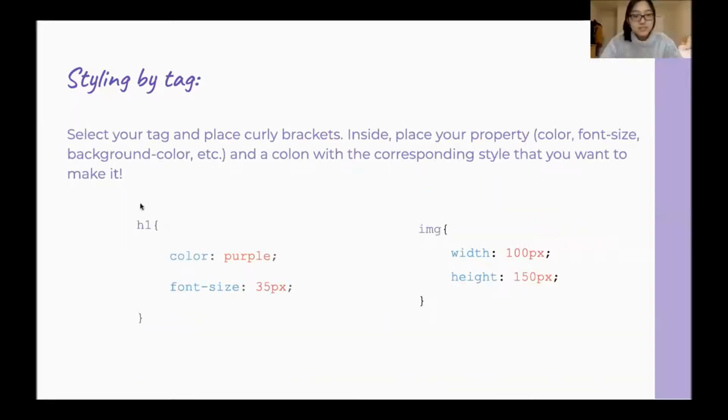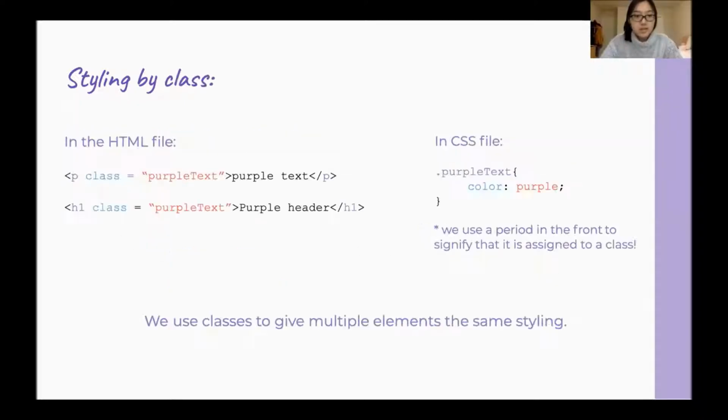And if it makes sense, the tag is going to pick all H1 elements, and your class is just going to pick any element that has the corresponding class. Even though they're different elements, like paragraph and H1, they still are going to be purple text because they have the same class.